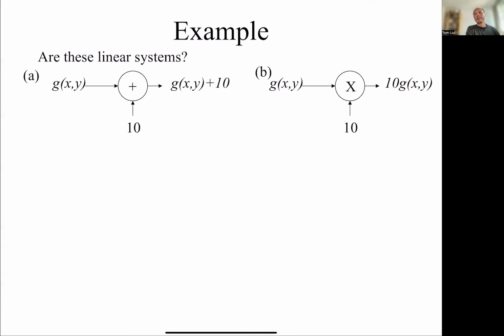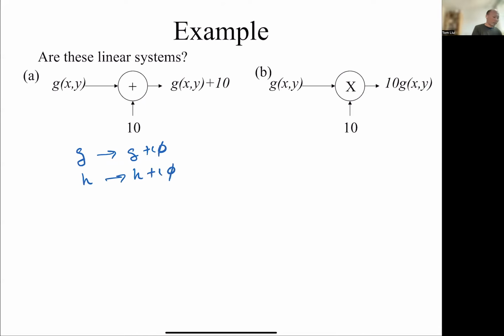It looks like 77% of you said yes, and 23% of you said no. So the overwhelming consensus was yes, this is a linear system. Let's take a look at this. Say I have some input G, and the output is G plus 10. And say I have another input H, which gives me an output H plus 10.